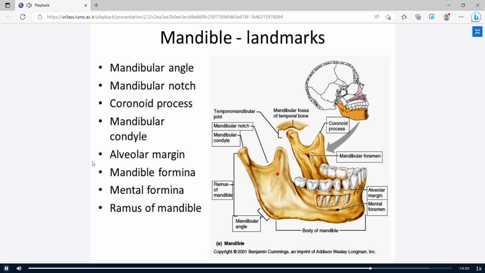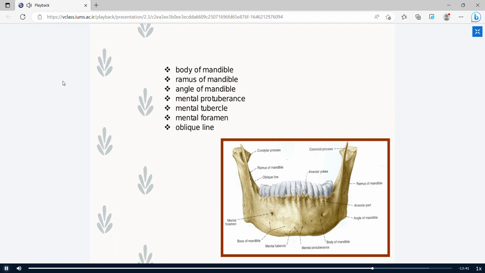The lower jaw is a single bone, the only mobile bone in the skull, and it has a body and ramus: two rami and a body. This is the body and this is the ramus, left and right.